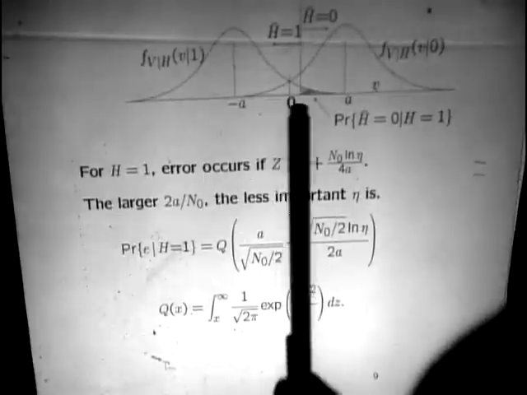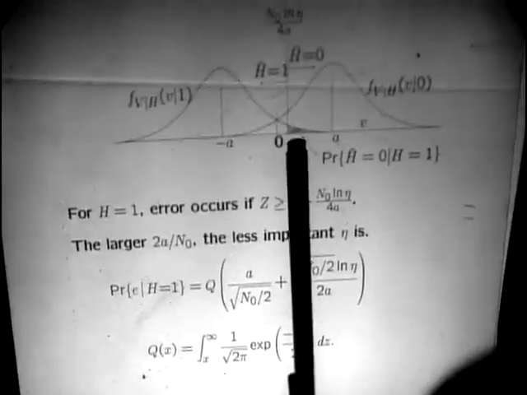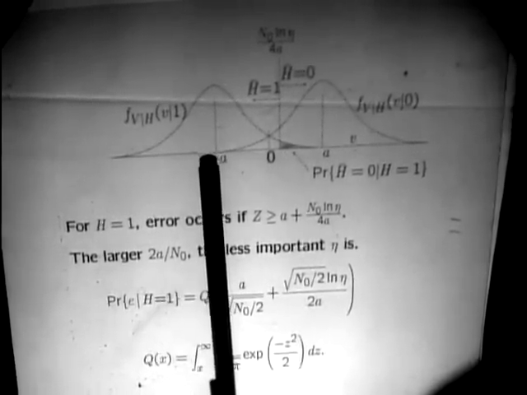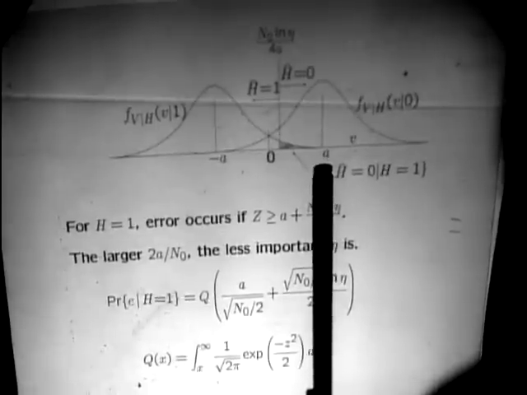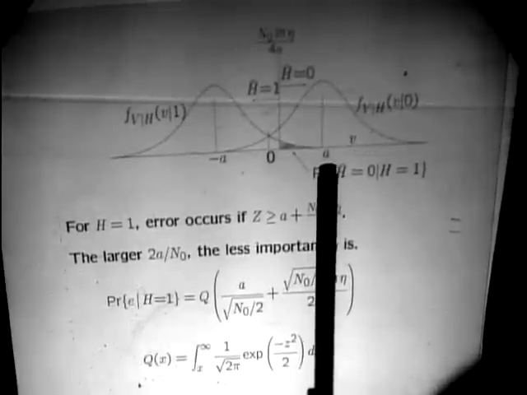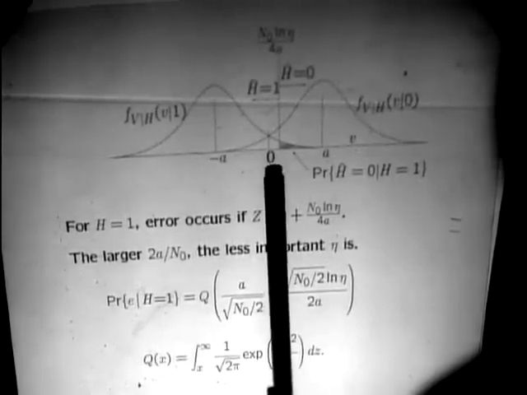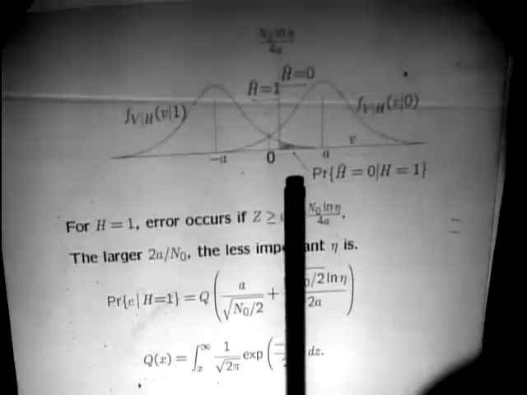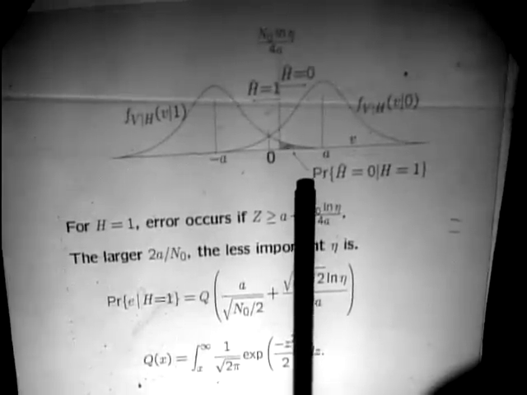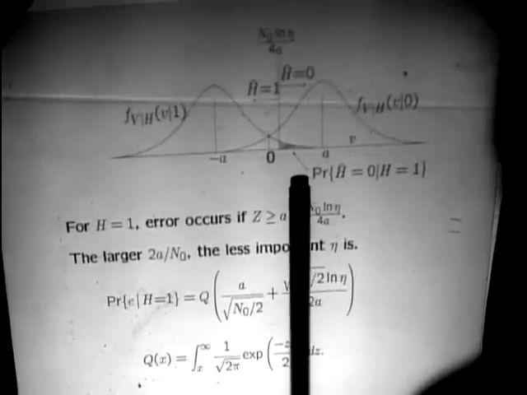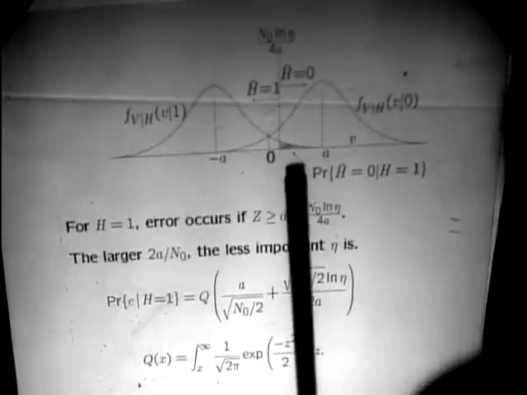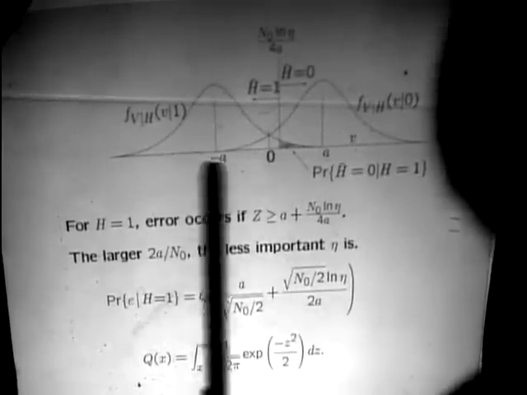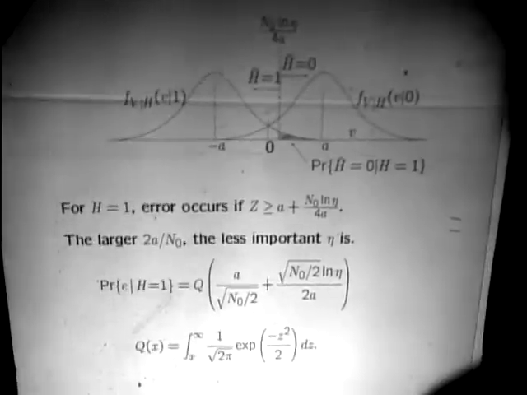When you choose a threshold which is positive, it makes it much harder to screw up when you send a minus A. It makes it much easier to screw up when you send a plus A. But that's what we wanted to do because the threshold was positive in this case because P1 was so much larger than P0. And because P1 is so much larger than P0, P1 happens almost all the time, and therefore you would normally almost choose P1 without looking at V, which says you want to push it over that way a little bit.